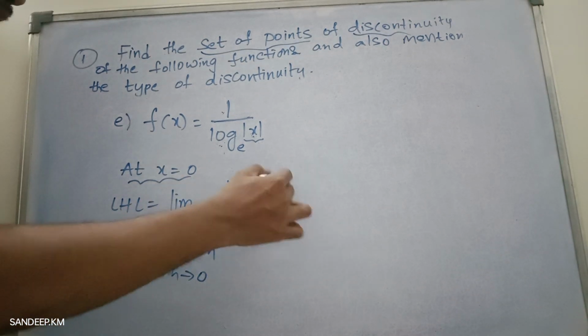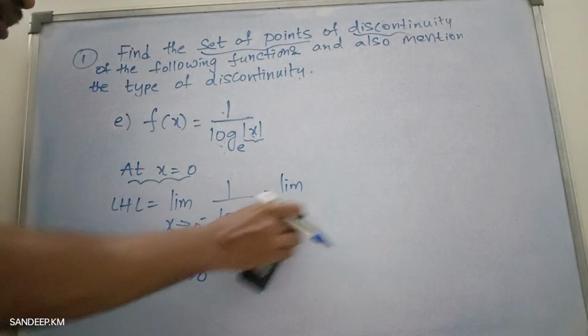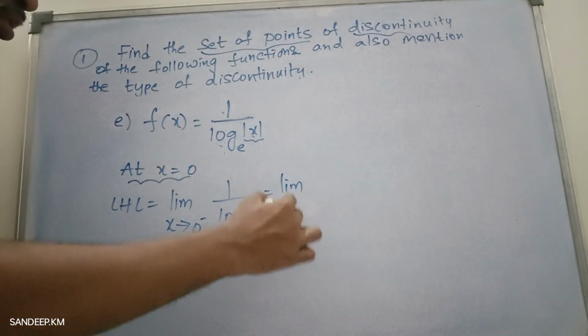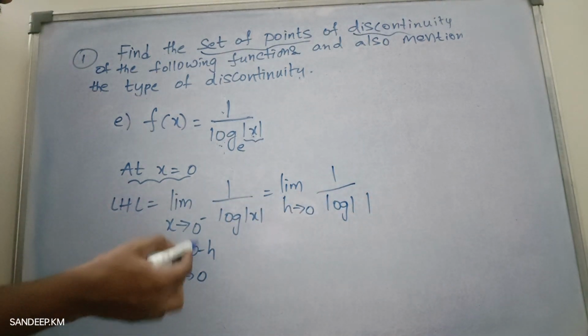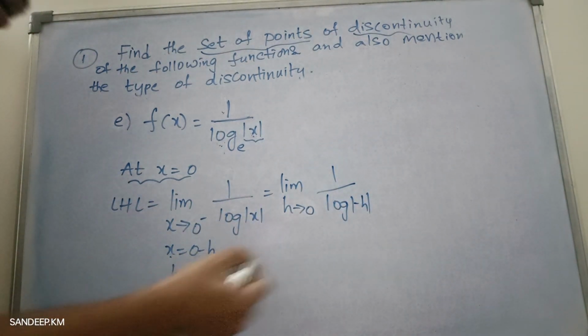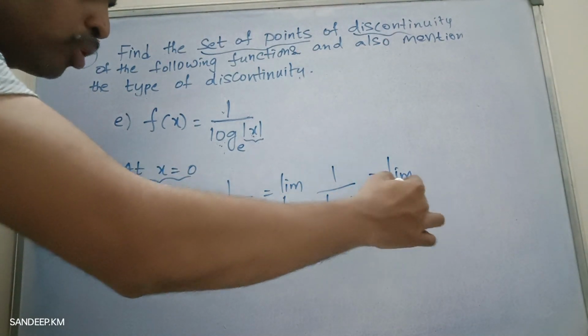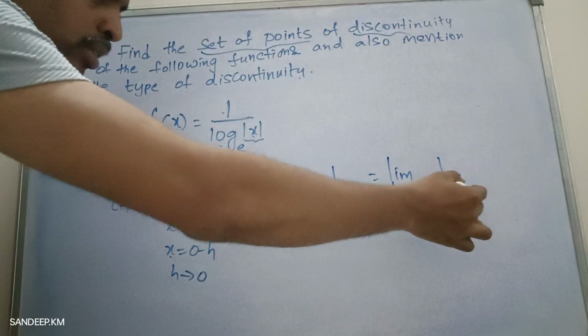So what happens to the question now? Limit h approaches 0 of 1 divided by log mod of minus h, which is nothing but 1 divided by log h itself, since the modulus of minus h is h.